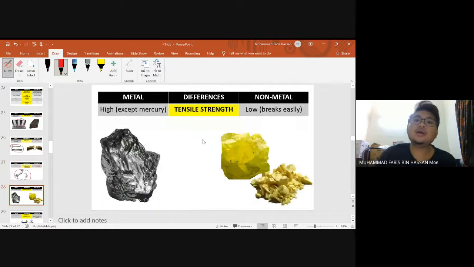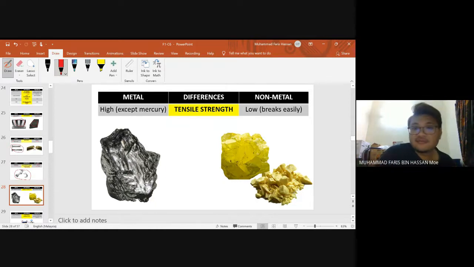And then another difference is tensile strength. Tensile in Bahasa is kekuatan regangan.